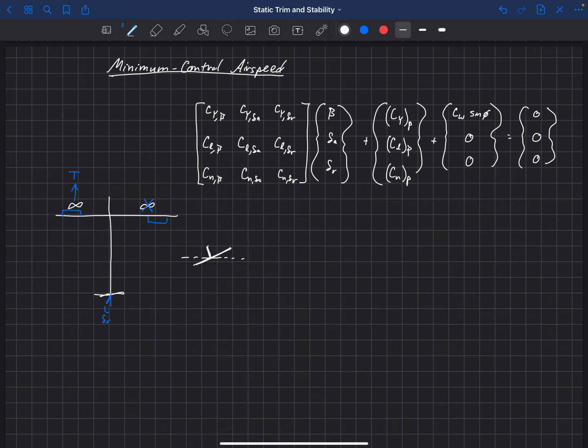The reason for that is that at takeoff and landing, our dynamic pressures are low. The forces and moments that you get from your control systems are directly proportional to dynamic pressure. Dynamic pressure is directly proportional to velocity squared. And so at low velocities, we have very low forces and moments being generated by these control surfaces.